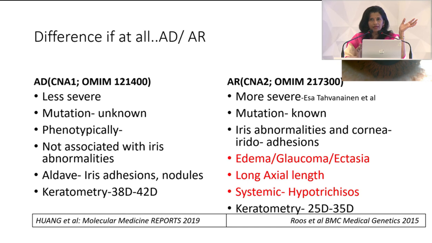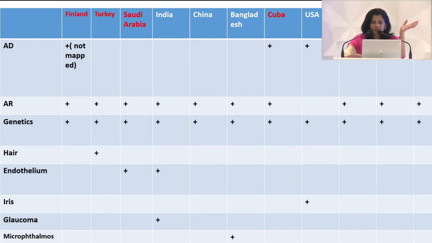Typically, the keratometry of autosomal recessive is as low as 25 diopters, and the lowest of an autosomal dominant is around 38 diopters. So if you see this chart, all those countries described in red are those families in which autosomal recessive has been described by specific missense or non-missense mutations on the long arm of chromosome 12, especially from Finland and Saudi Arabia, where the genetics has been identified.